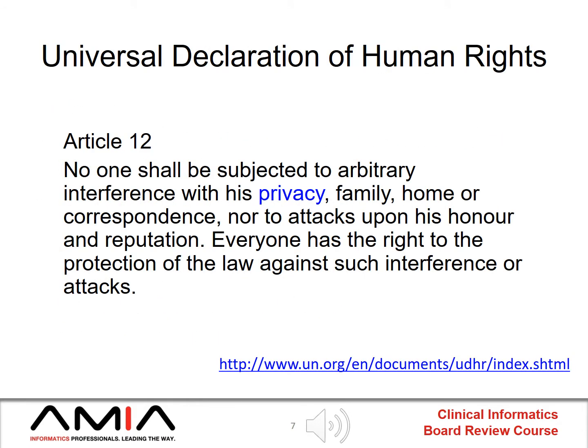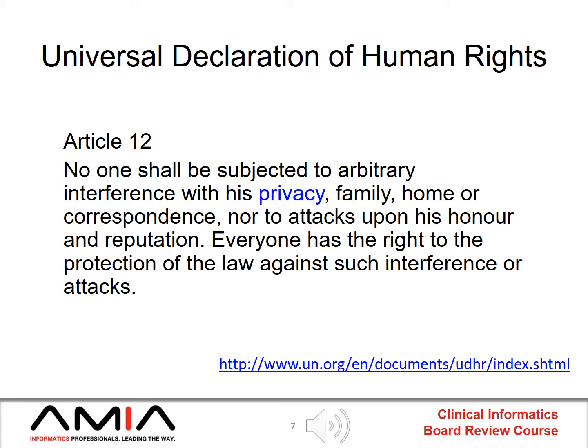If you visit the United Nations in New York, you'll see posters of each of the articles of the Universal Declaration of Human Rights. These were prepared after World War II, and in those days, of course, often codes and laws referred to the male gender, and in that era information was stored in the written form, so you see reference to correspondence, but the principles aren't specific to one gender or to paper medium.